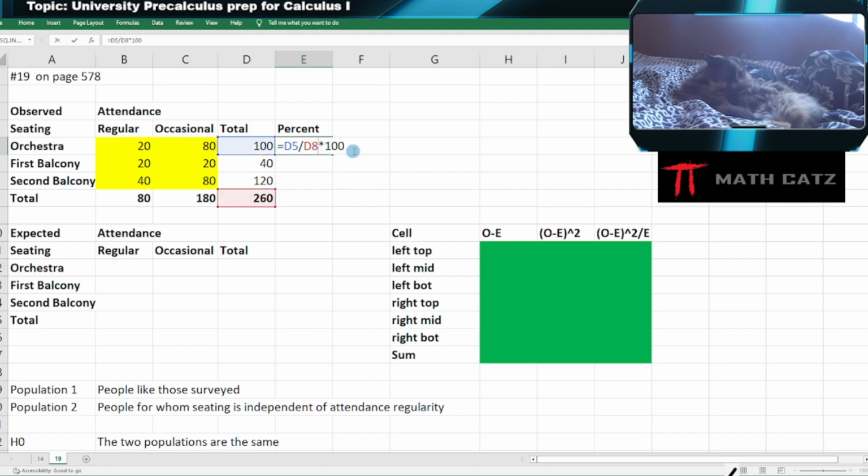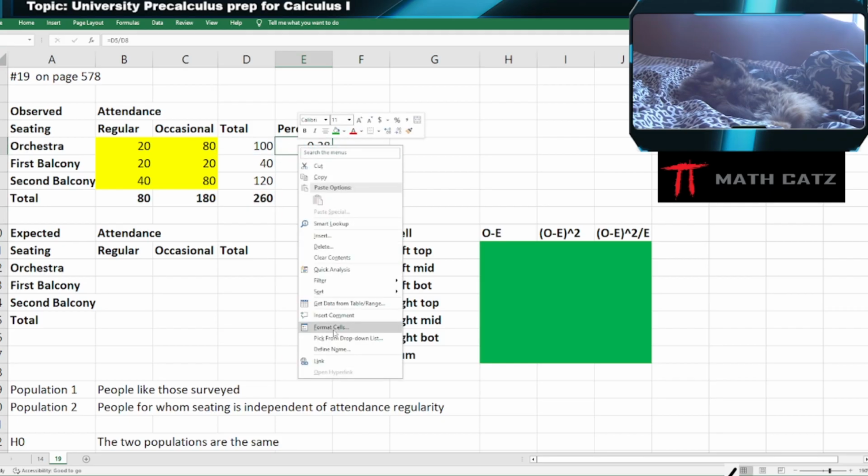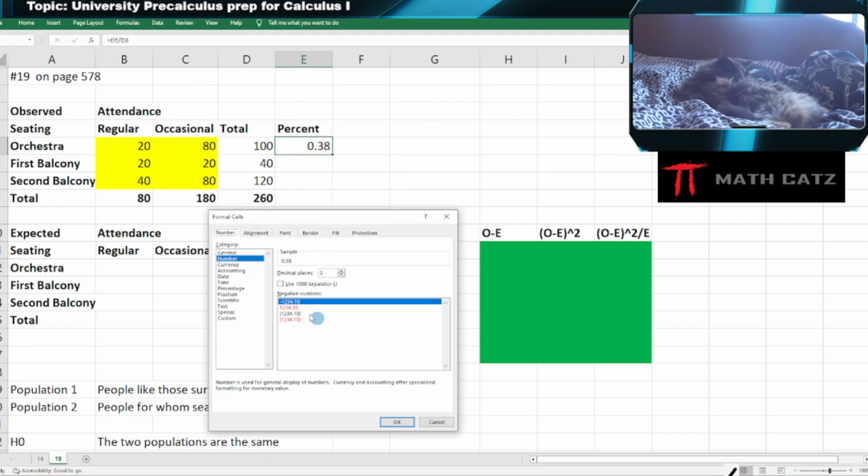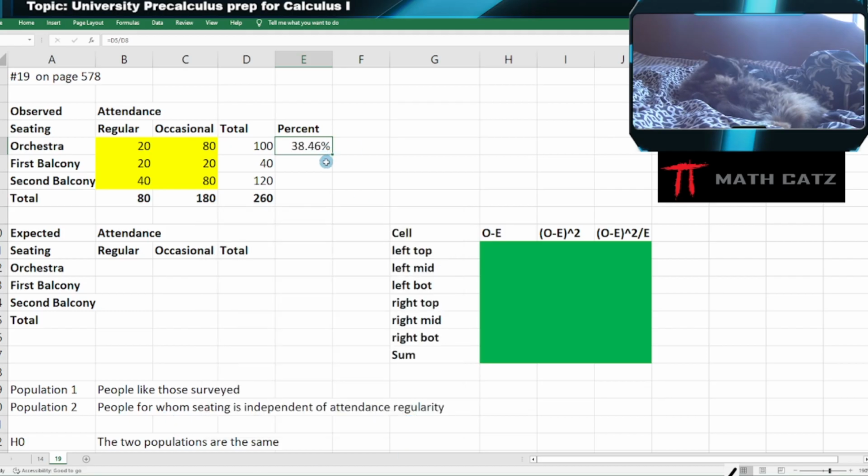I can also set this as the decimal version of the percentage, and then format the cell as a percentage, and then it will do the multiplication by 100 for me and add the little percentage sign, which is kind of nice. Some people like that. So let's go with that.